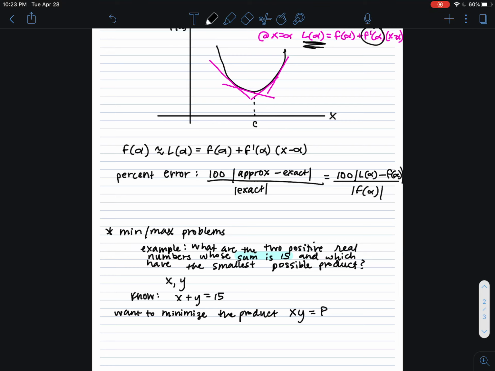And right now, P is a function of x and y. And in order to minimize, we know that we need to take the derivative, because that's how max and min problems work. But in order to take the derivative, we need to have just one variable. So the good news is we have this equation up here, x plus y equaling 15. So we can solve for one of our variables and plug it into our second equation so that we have just one variable.